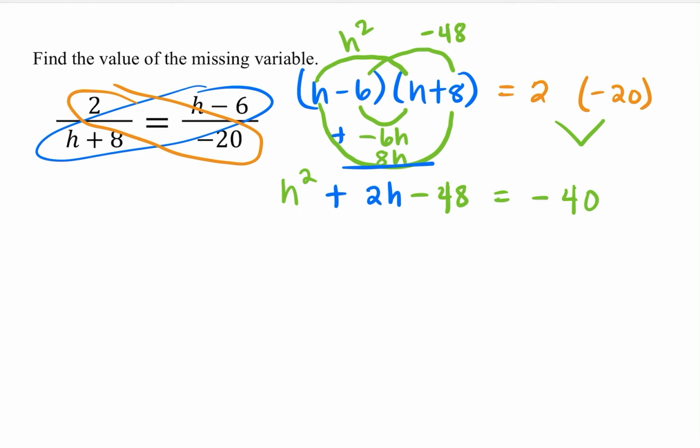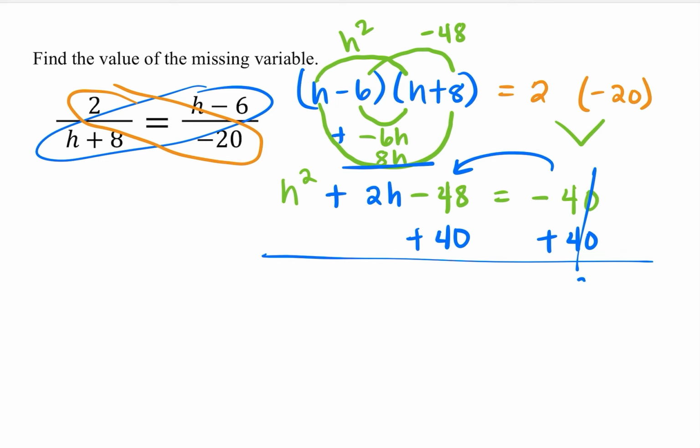So now that I have this equation, I am going to bring everything to one side of the equation, and in this case, I'm going to bring over negative 40 to the other side to make the equation equal to 0. We can't move on and solve the equation unless it's equal to 0. So h squared plus 2h, combining negative 48 plus 40, that gives me negative 8.